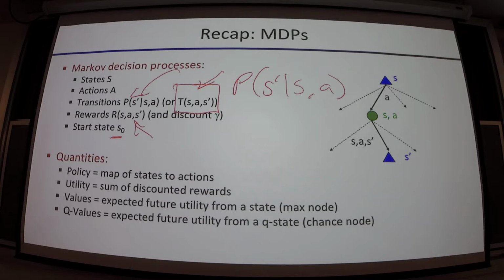Okay, great. So we also define this set of quantities, right? So we have some policy, right? We call this pi. Policy is a function that takes states and returns an action. This is defined over all states, some recommended action.